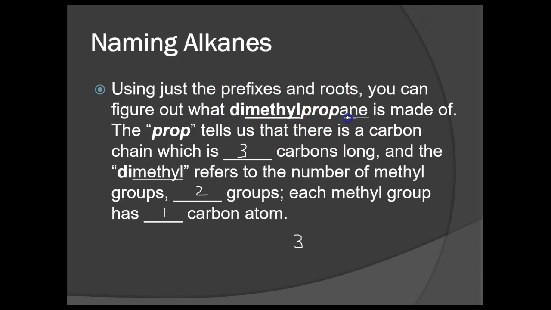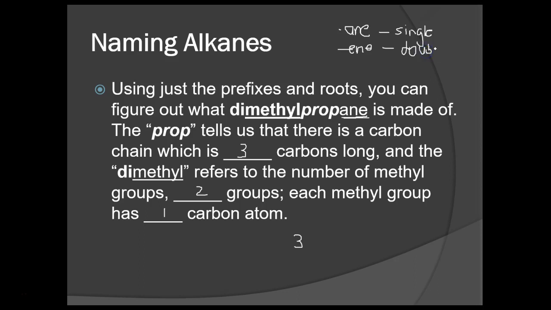Check for the suffix here, which describes the types of bonds between the carbon atoms. If it's A-N-E, that means that there are only single bonds between the carbon atoms. Whereas, and we'll get into this later, E-N-E at the end is going to be double bonds.